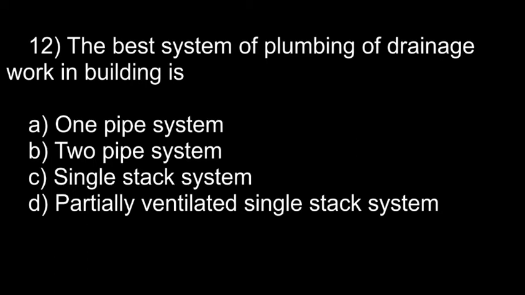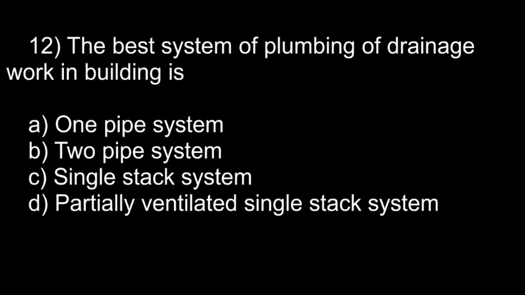There are mainly two types of plumbing systems for building drainage. First, one pipe system. The system in which only one pipe is provided to collect both the fouled soil waste as well as unfouled waste from the building is known as one pipe system. In one pipe system of plumbing, wastewater is carried away from kitchens, wash basins, bathrooms, water closets, etc.